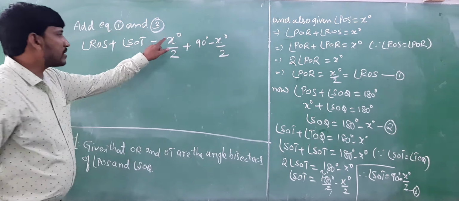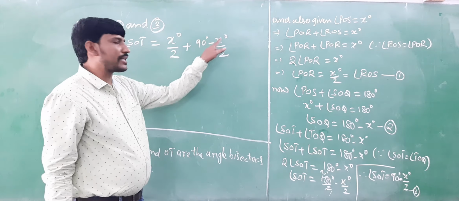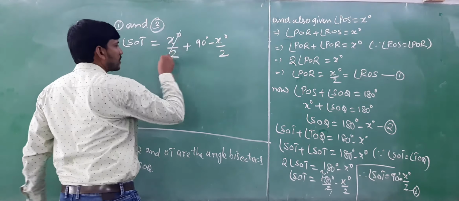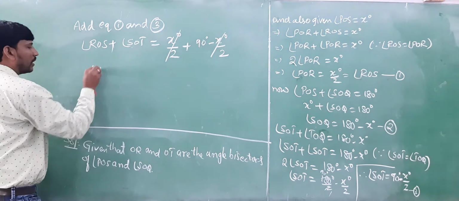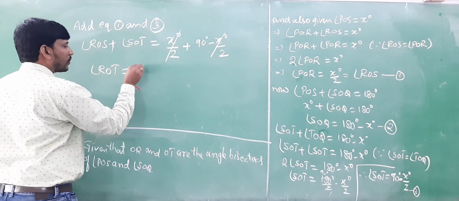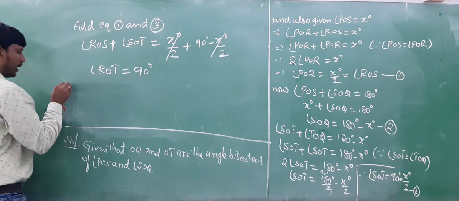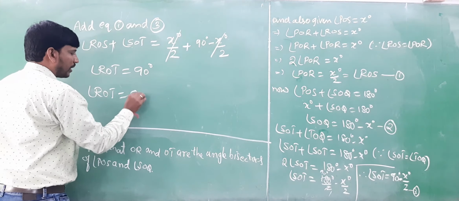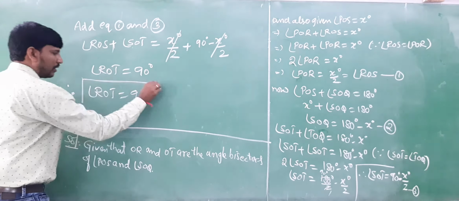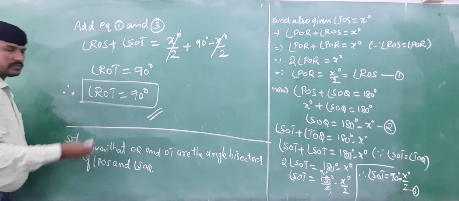Plus x by 2 and minus x by 2 both will be cancelled, and ROS plus SOT is nothing but angle ROT. This is equal to 90 degrees. So therefore angle ROT is equal to 90 degrees. Is this clear? Copy this.